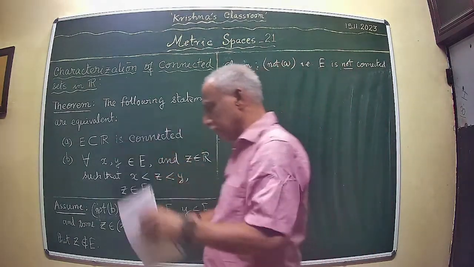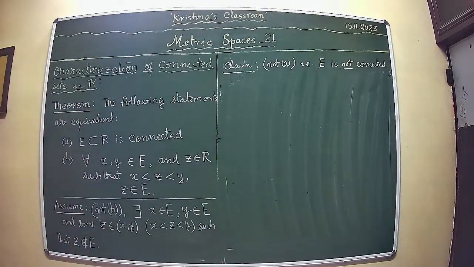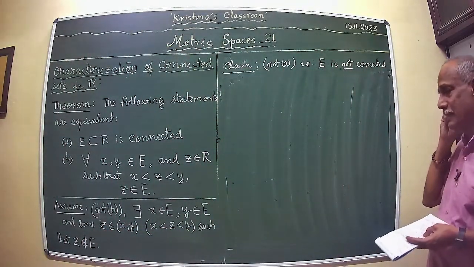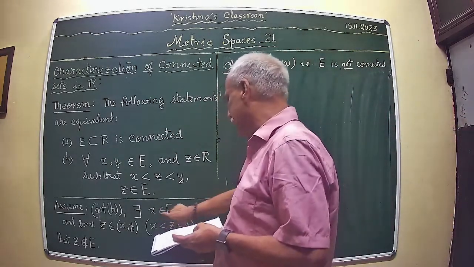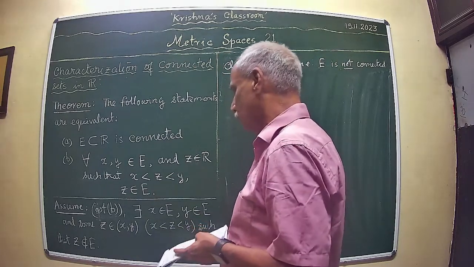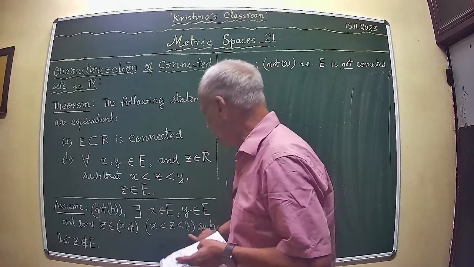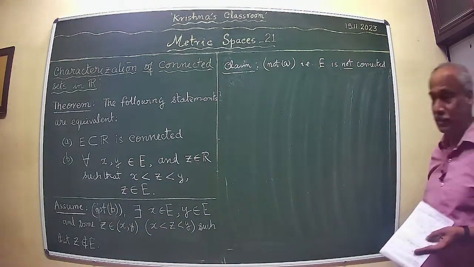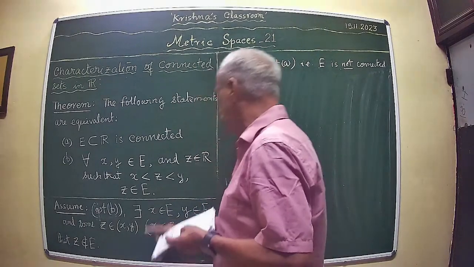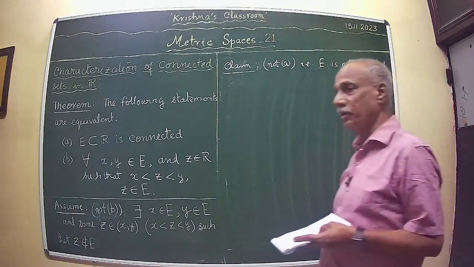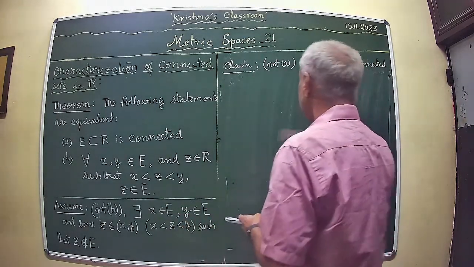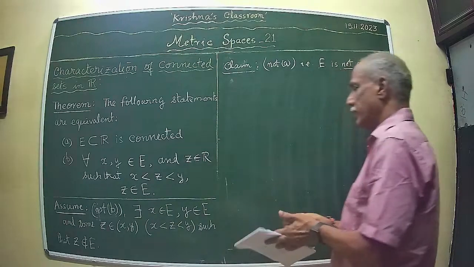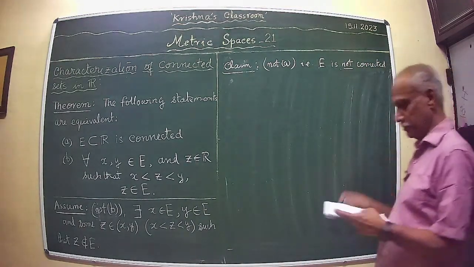So we have to craft the subsets A and B. Let us see how we do it. What is given is that there exists some x and some y in E, and a z that lies between x and y in R, which does not belong to E. x and y belong to E, but z lies between x and y and it is not in E. That is our assumption. So we have to go from there and construct the non-empty separated sets whose union is the particular set.